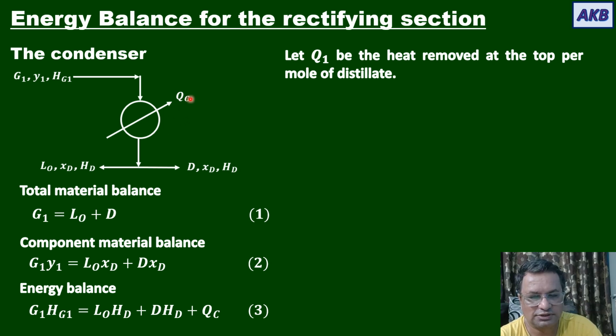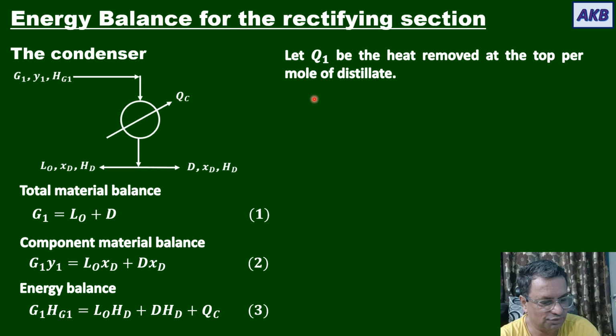Heat is going out at rate QC, and energy is also going out along with the distillate stream. So total heat removed will be the heat removed in the condenser plus the energy going out with the distillate stream. I am expressing this total heat removed at the top per unit mole of the distillate. So Q1 represents the total heat removed at the top per mole of the distillate.